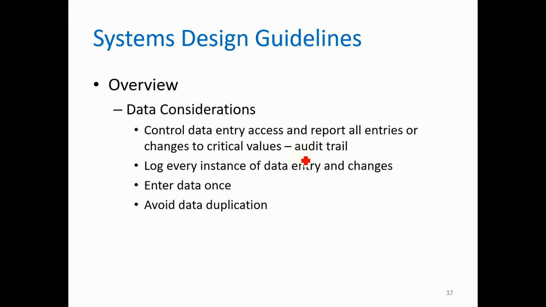So if there is a discrepancy, if there is an error, you can trace who is the person accountable for this change, or if there are any discrepancies with the data. And then log every instance of data entry and changes. And then of course, enter data once in order to avoid data duplication.